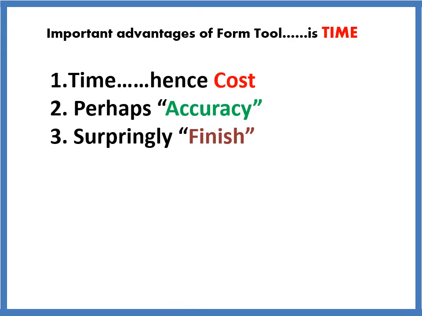But a form tool completely omits these cusps, because the entire segment of the part represented by the form is machined in a single plunge.